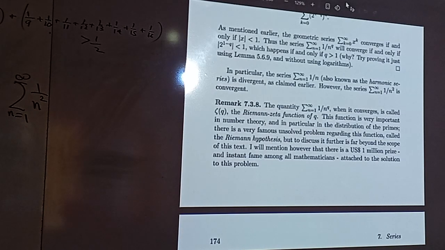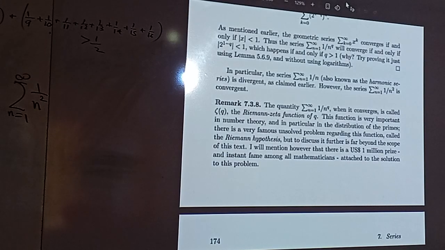The quantity sigma 1 over n to the q, when it converges, is called the Riemann zeta function of q. That is called the Riemann zeta function. Zeta of q is equal to sigma 1 over n to the q, however q is greater than 1. Because if q is equal to 1, there is no series, it is infinite.